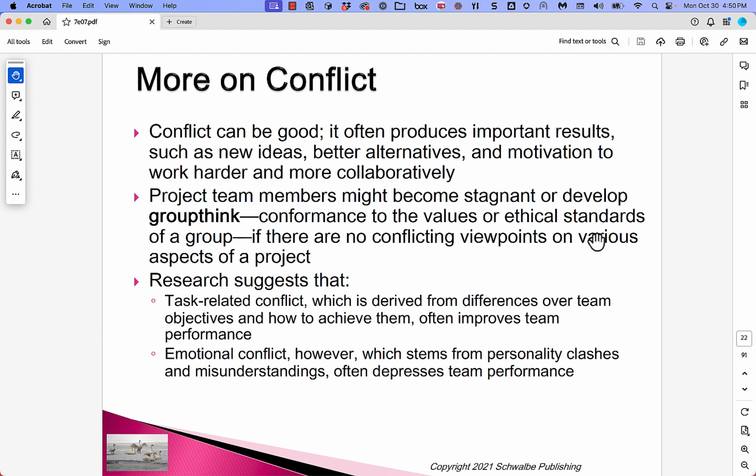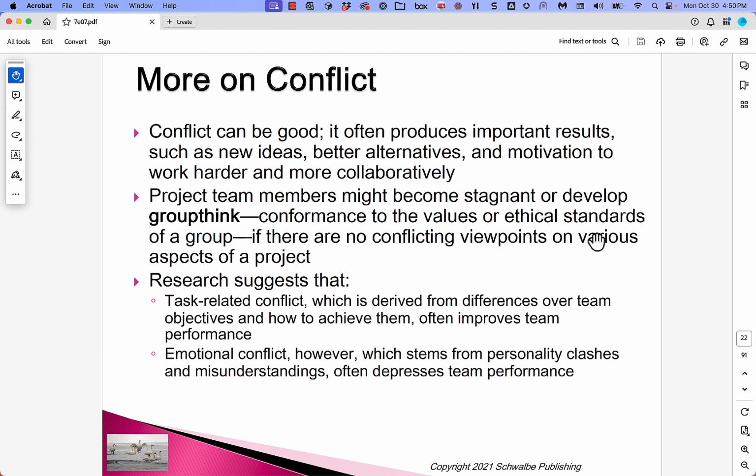This is pretty interesting to me because teams can have too little conflict. Everybody agrees. Nobody thinks outside the box. They're all on the same train, they're all going to the same place, and that's great, but maybe suboptimal.